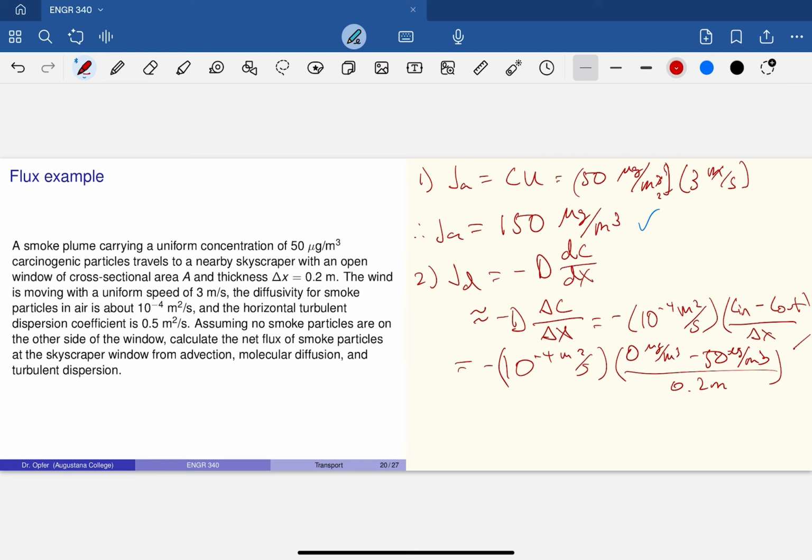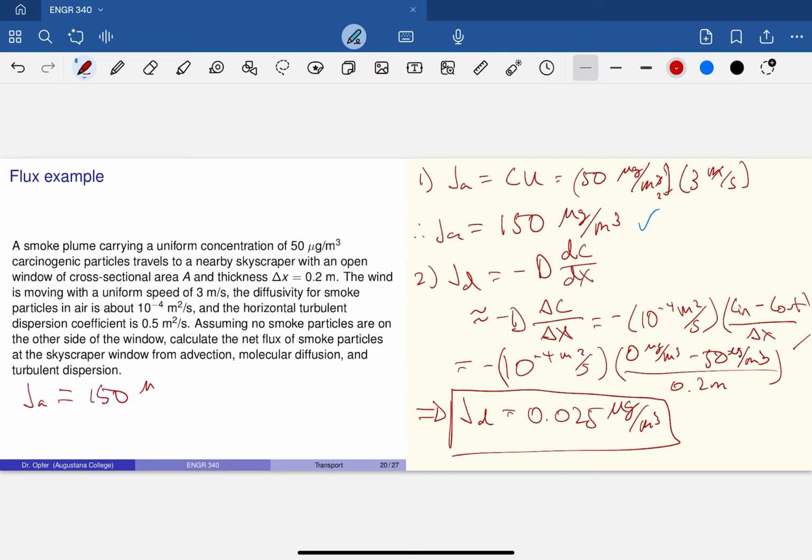Okay, and plugging all these in, you should get JD is equal to 0.025 micrograms per meter cubed. All right, so let's write these over here so I can have space for the turbulent dispersive flux.